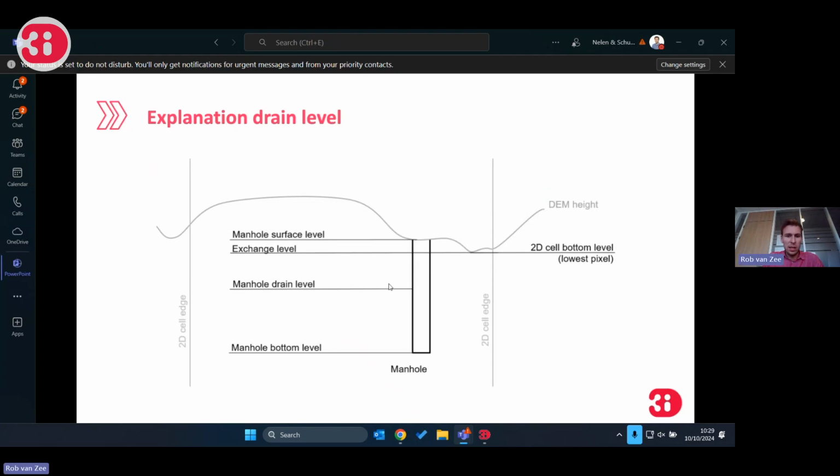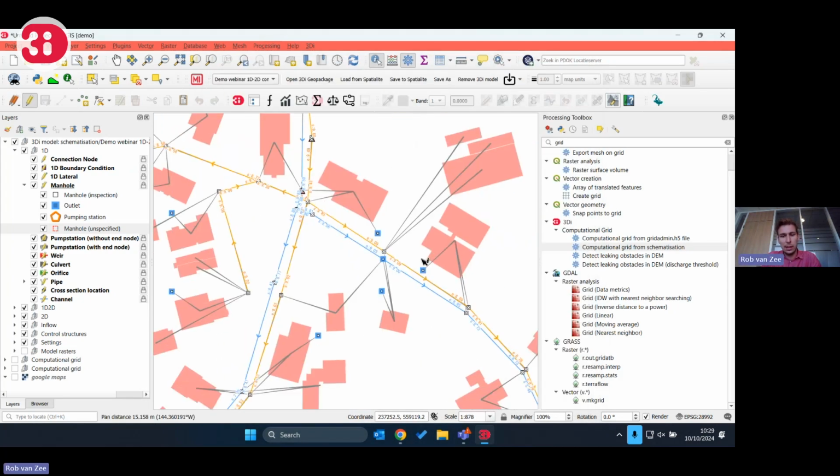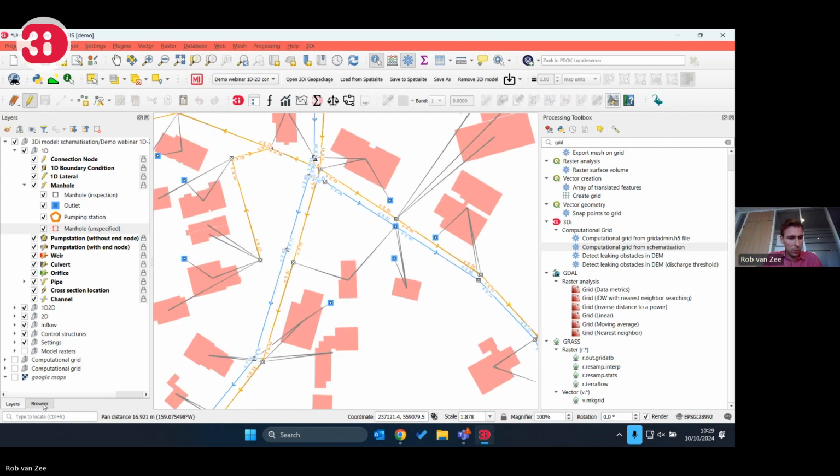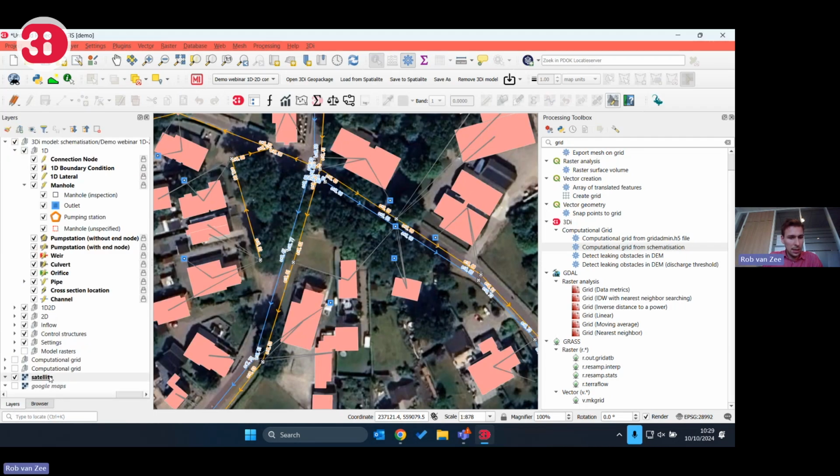Now you maybe think, why is it important that we have the drain level below the surface level? Why don't you just keep the drain level at the surface level? Well, normally manholes are put in the middle of the street. Maybe I can put a different background map to show you that.